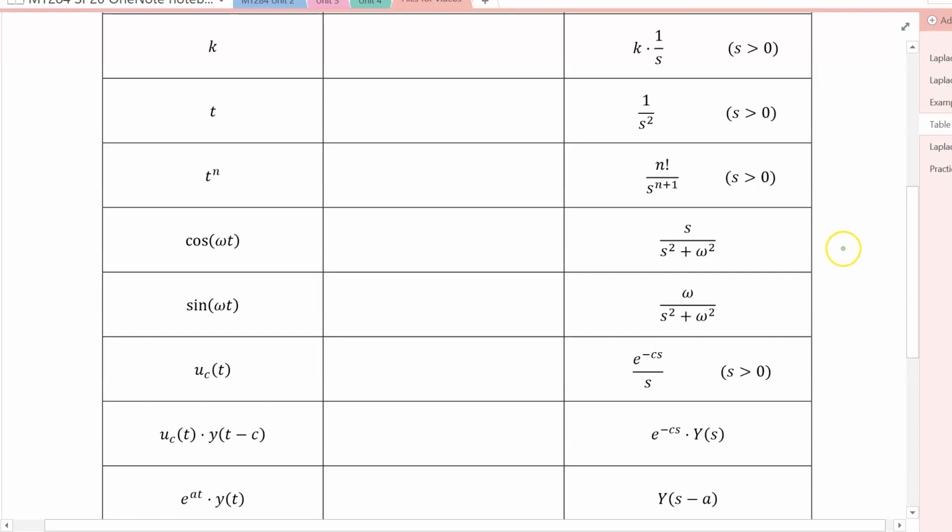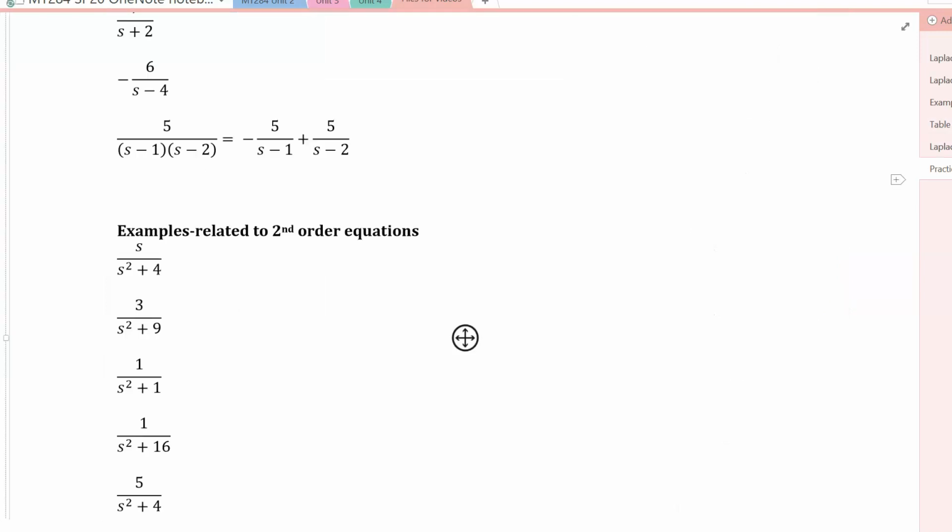Notice for cosine we get s over s squared plus omega squared. For sine of omega t we get omega over s squared plus omega squared. The common thread is that the denominator is the same, but the numerator is different: it's the variable s for cosine, and the number omega for sine. Let's keep that in mind when we're doing these examples.